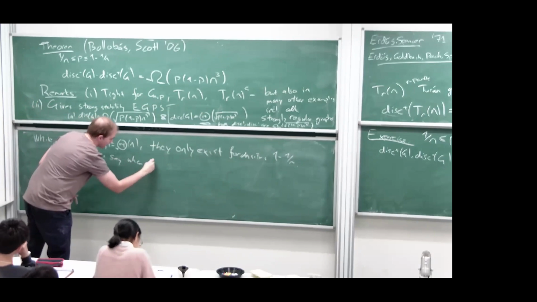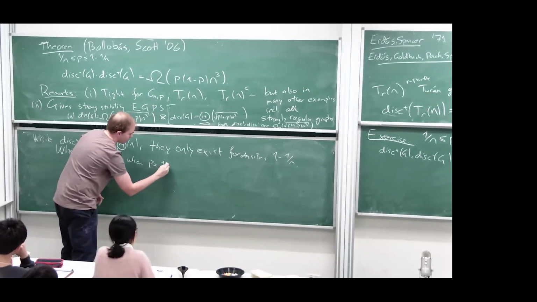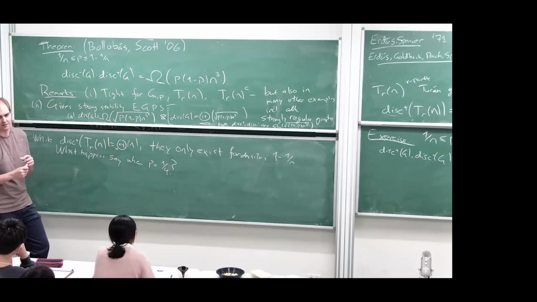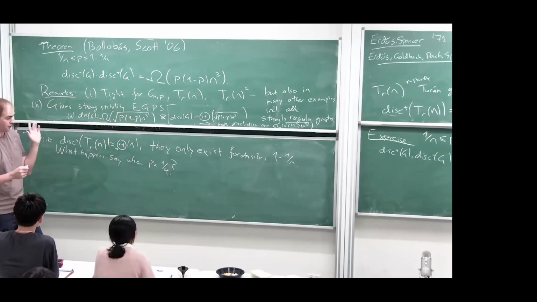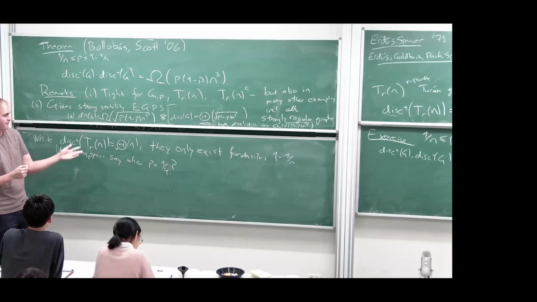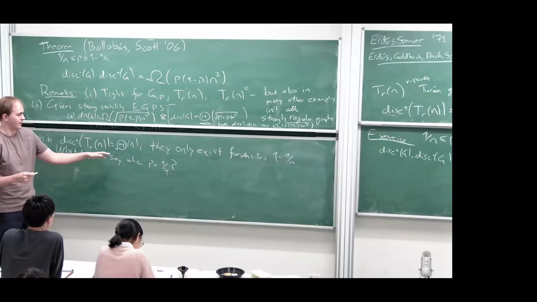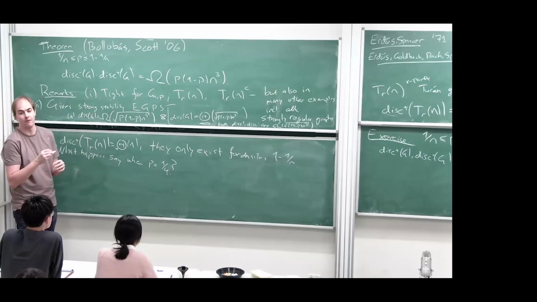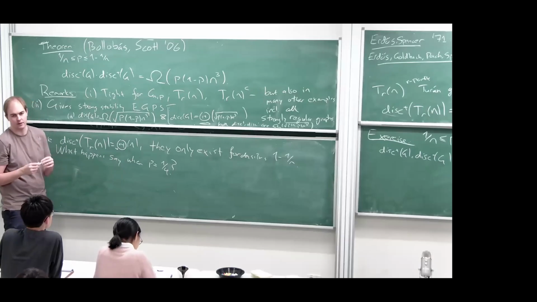So what happens, say, when p is 1/4, which is not among these densities? It turns out the answer is very different. For p equals 1/4, we can prove something like the positive discrepancy is n to the 1 plus delta for some delta greater than 0.